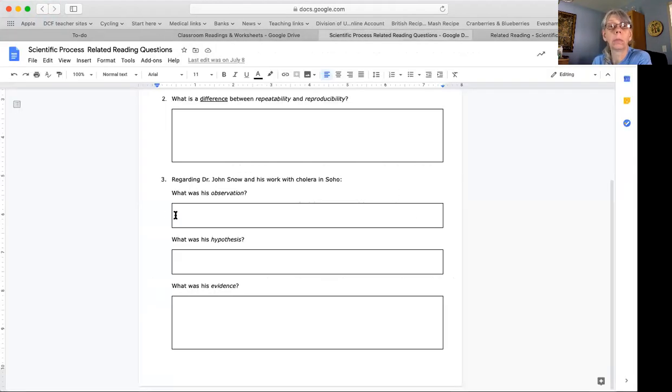So, what was his observation? People were dying in Soho, and there was one pump there. And he'd noticed, okay, what's his hypothesis? That the water in that pump was contaminated and making people sick.